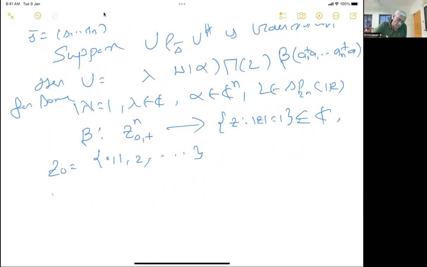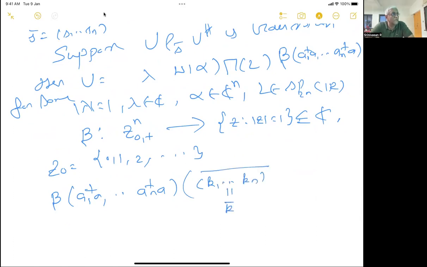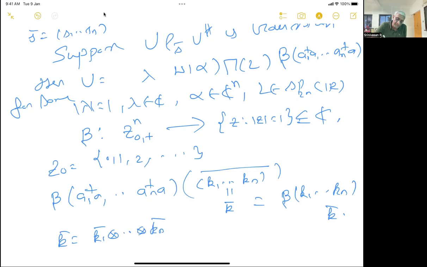Let's see what I have written. Beta of A1 dagger A up to An dagger A, acting on the vector K1 up to Kn, which I also call K bar, is beta of K1 up to Kn, where these K's are numbers, times K bar, where K bar is K1 bar tensor up to Kn bar.